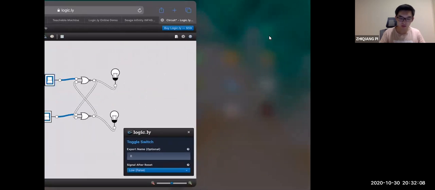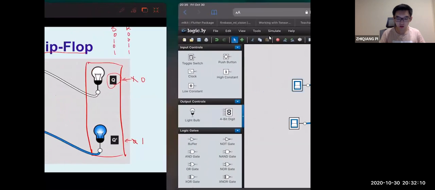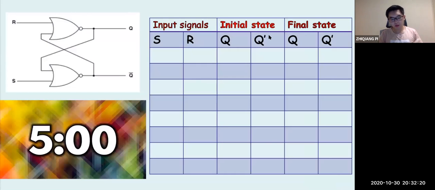Now, back to the difficult part, the truth table. This is a simplified version of the SR flip-flop. It does the exact same thing. If you want to check it out, it should be pretty obvious.